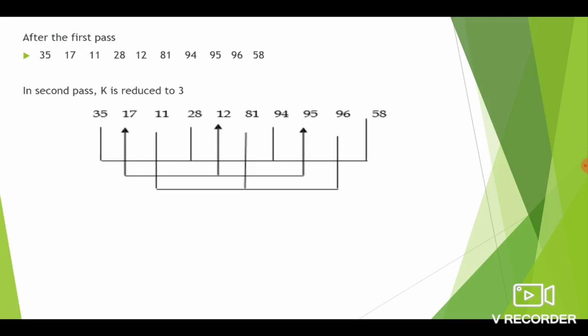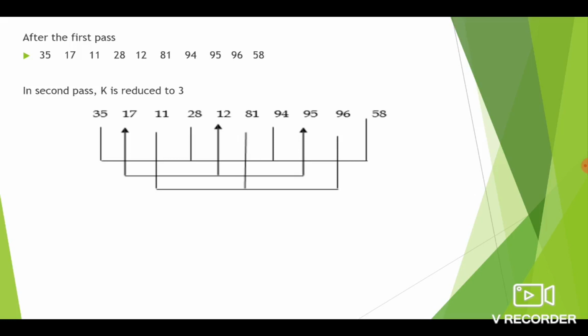In the second pass, you reduce the increment. That's why it's called diminishing increment sort. Initially we had taken the gap as 5. Now it is reduced to 3. That is, every element is compared with the elements 3 positions apart from that element.